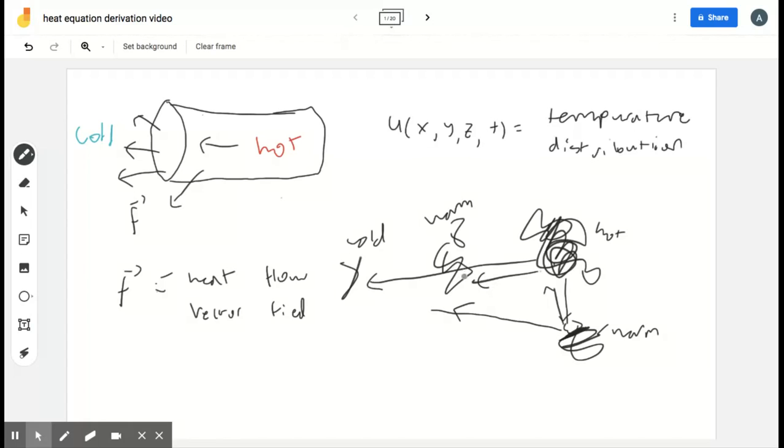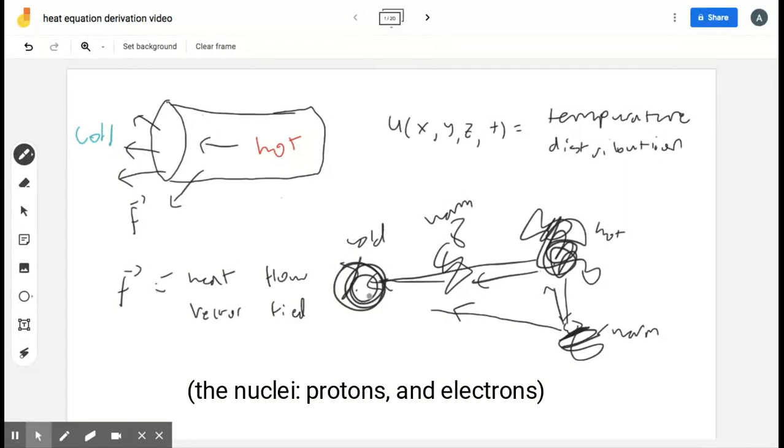And it's warm over here, so the particles are still going to bounce around. But more of these particles will move towards the cold, since there won't be as many particles moving around at such high velocities to hit them and bounce them away. So more of those protons and neutrons will end up over here. So that's why we move from hot to cold.